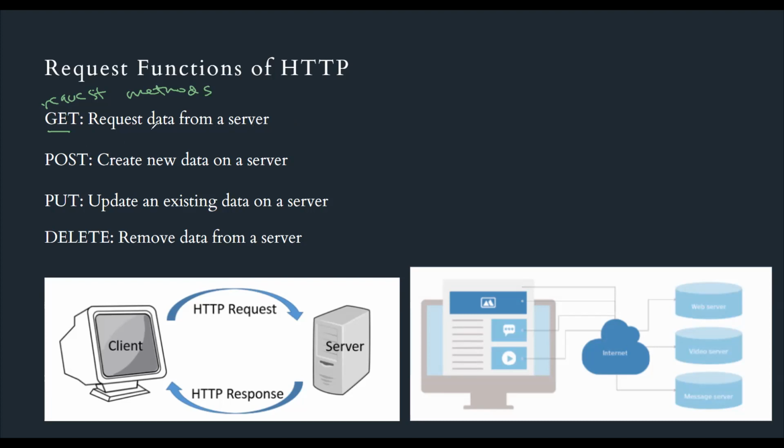We are requesting data, and for that we use the function get. And then if we want to post something or create new data in the server that we are accessing, we use a function called post. And then we use a function called put to update the existing data in the server, right? And then we can use the function delete to remove the data that is available in the server.